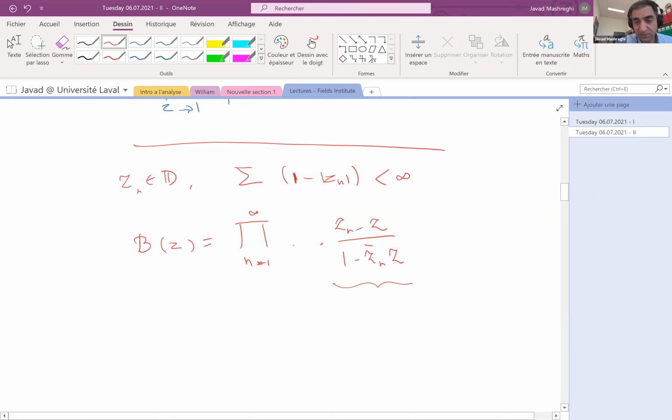Either some books write e to the i theta n such that theta n satisfy these properties, or we can say mod Zn divided by Zn. And now if you put z equal to 0, the whole combination becomes absolute value of Zn. And absolute value of Zn, its argument is 0, and the convergence problem is fixed, and this function is well defined.